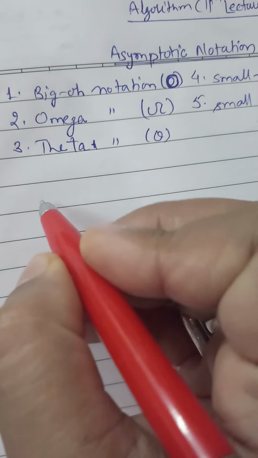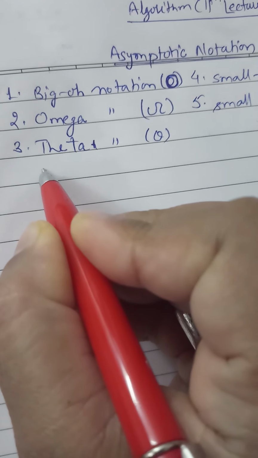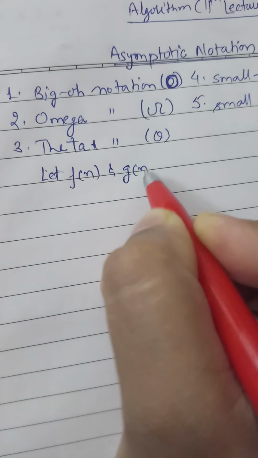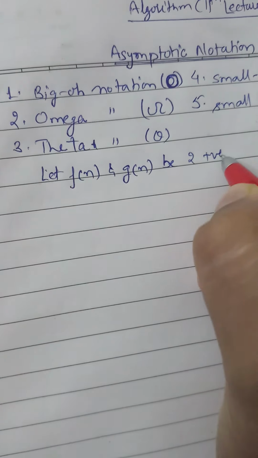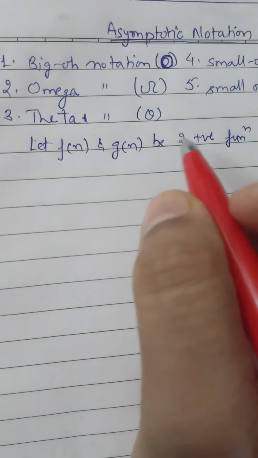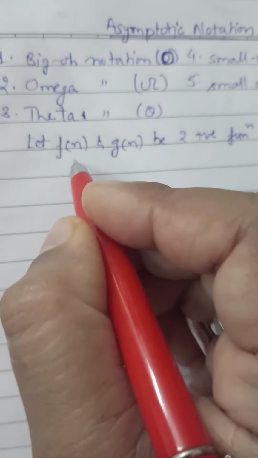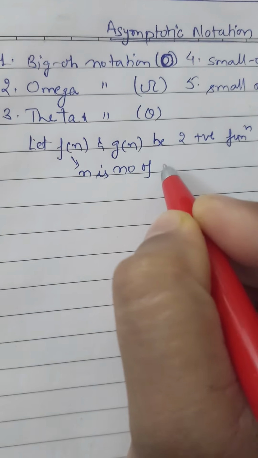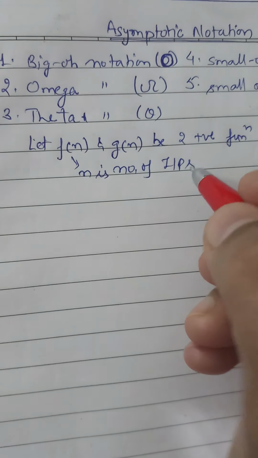Before that, let's understand what they have exactly. Let F(n) and G(n) be two positive functions, and n is the number of inputs.